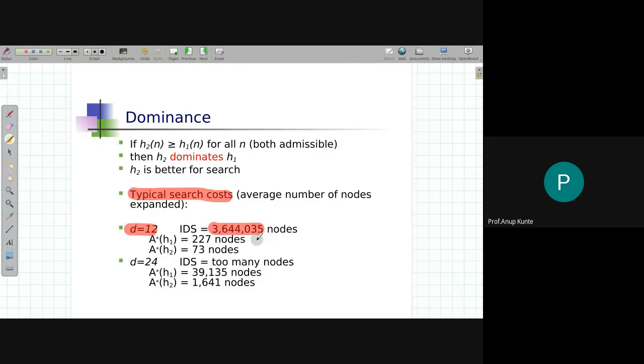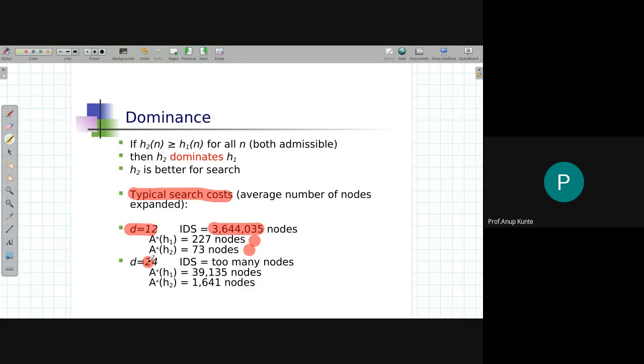Then you will find that A star with the H1 heuristic, you require 227 nodes to reach your solution, and the H2 heuristic required 73 nodes to be inspected for a depth of 12. Similarly, by changing the depth to 24, we'll be generating problems that will get solved by a goal node lying at depth 24. Means we can only reach the solution by doing at least 24 moves of the space.